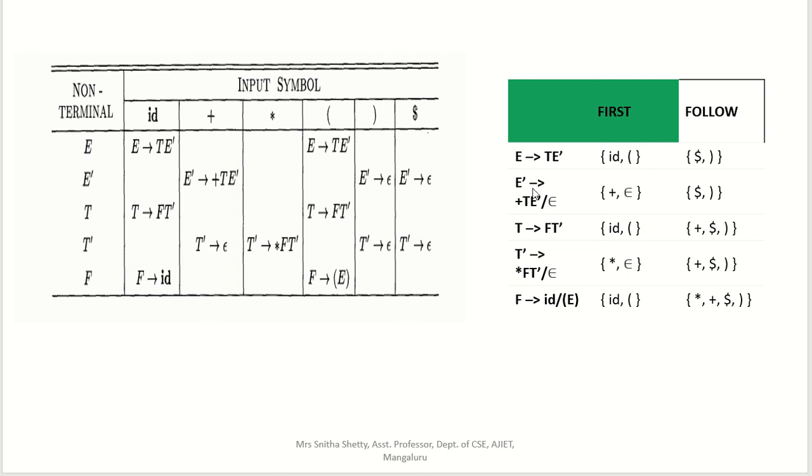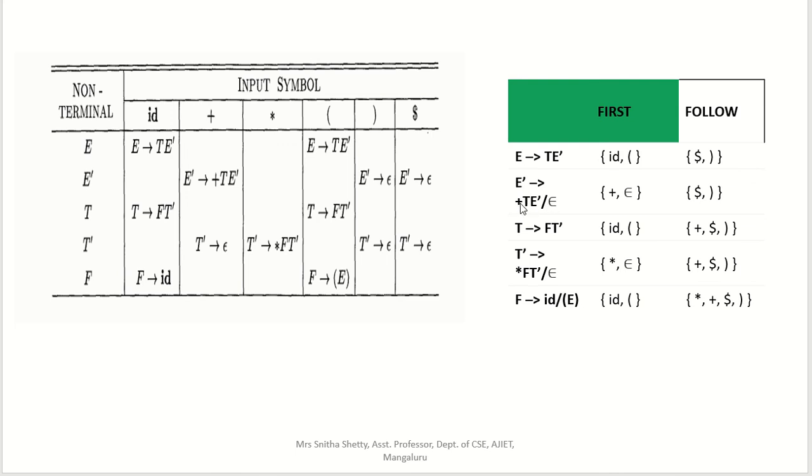Now there is another production, E dash gives epsilon. Whenever a variable gives epsilon while constructing the parsing table, you should take the follow of the left hand side variable. Under which column are we placing E dash gives plus T E dash? In the plus column, because in that production the starting symbol is plus.